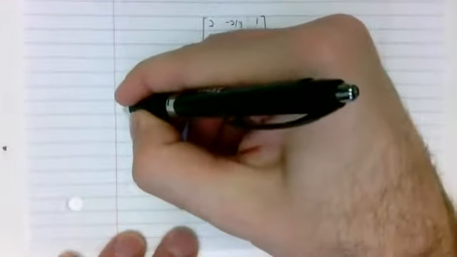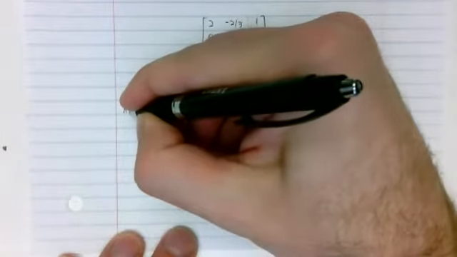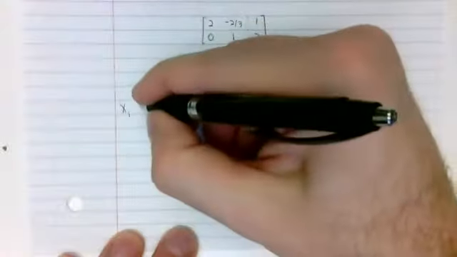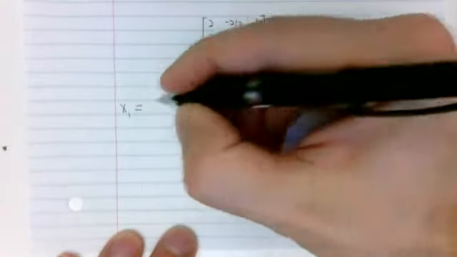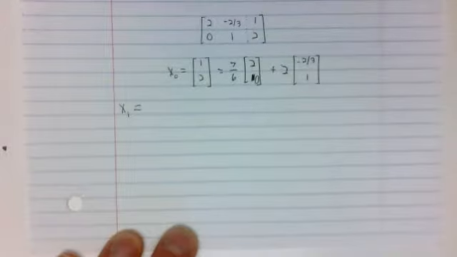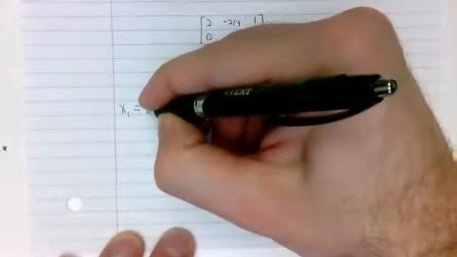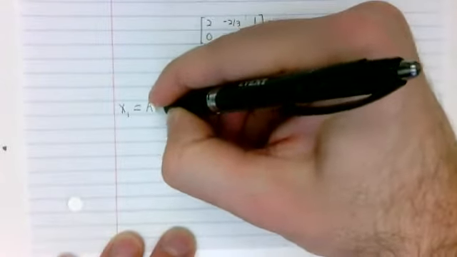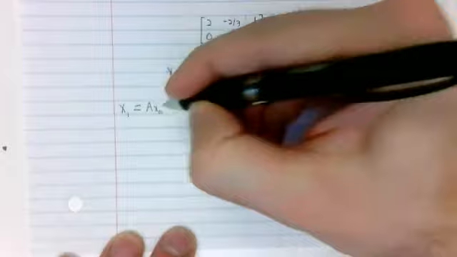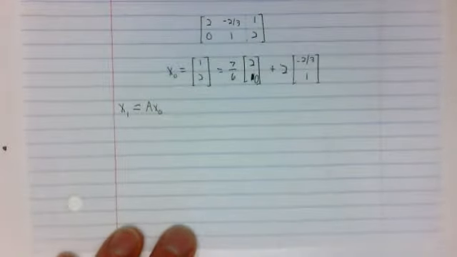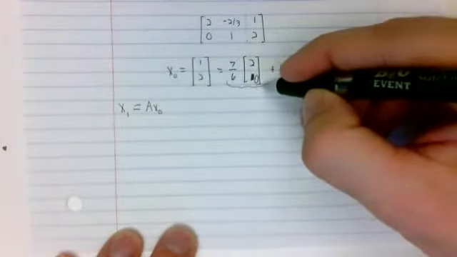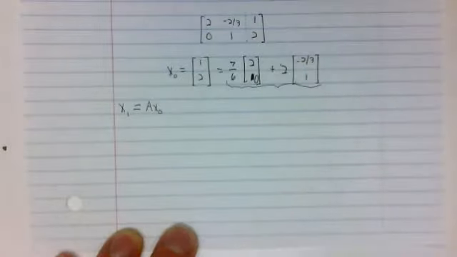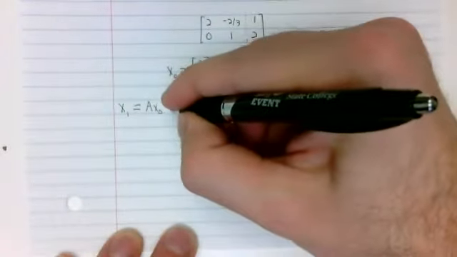Now, we're going to compute x sub 1. And we're going to do this without multiplying a single matrix by a single vector. Because x sub 1 is A times x sub 0. But x sub 0 is this.